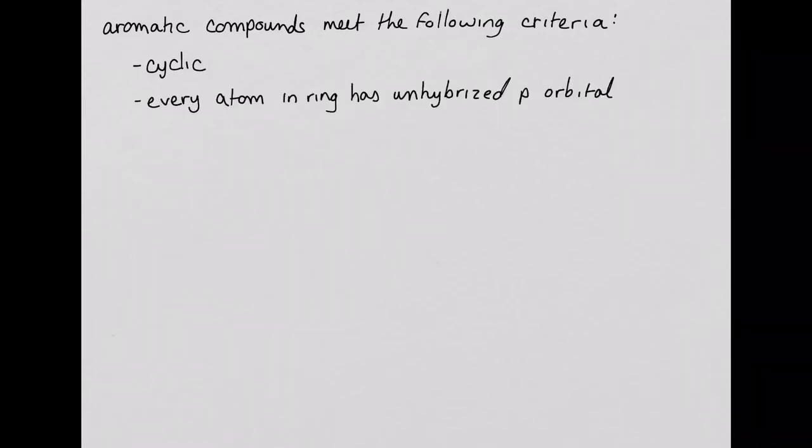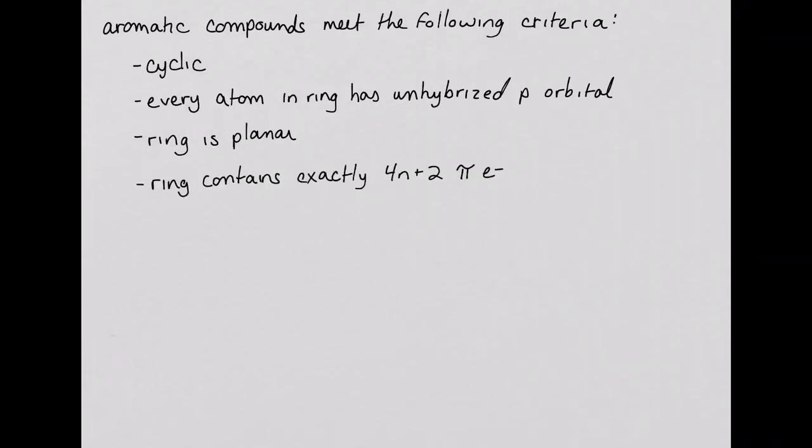Additionally, the ring must be planar, which is necessary to allow proper p orbital overlap. And finally, aromatic molecules have rings that contain exactly 4n plus 2 pi electrons, where n is any integer starting with 0. This last criterion is known as Hückel's rule.